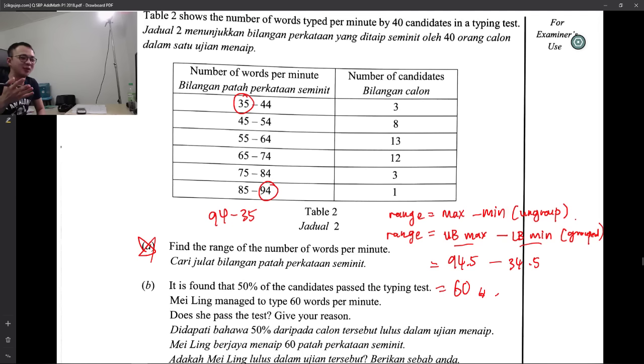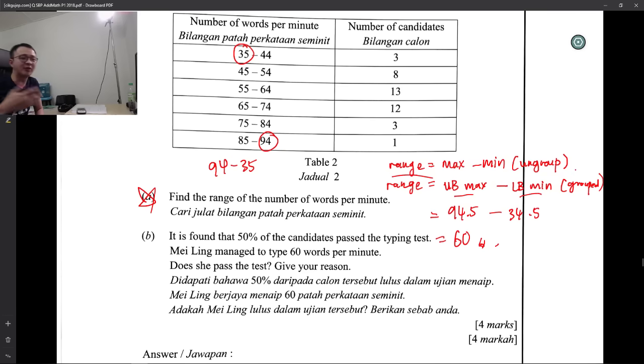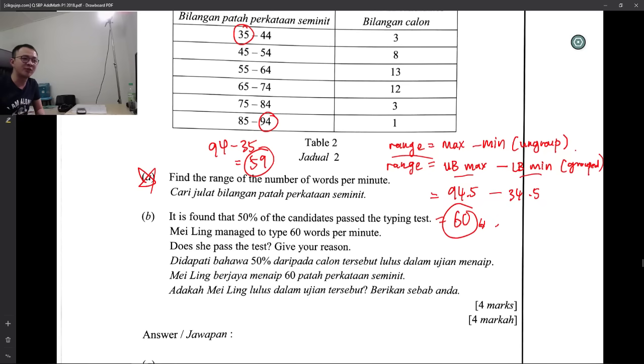Unless it's ungrouped data, then I will just take 94 minus 35. Or else I will use the boundary in order to be very accurate. Of course, if you do it like this, you will get 59. The difference between the answers is 1. But the purpose of boundary is for us to get a very accurate range, so I will use the boundary to do this.